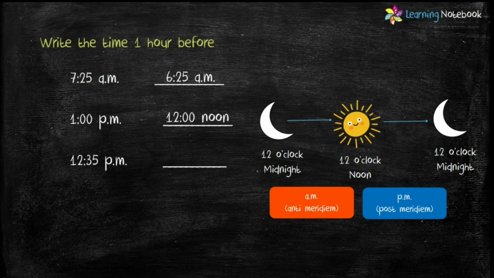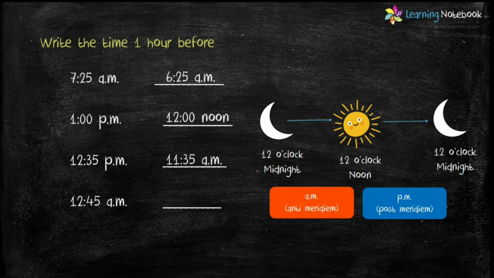12:35 PM. Students, hour before 12:35 would be 11:35. Now 12:35 PM is after 12 o'clock noon. So 1 hour before it will be AM. Therefore, answer is 11:35 AM.